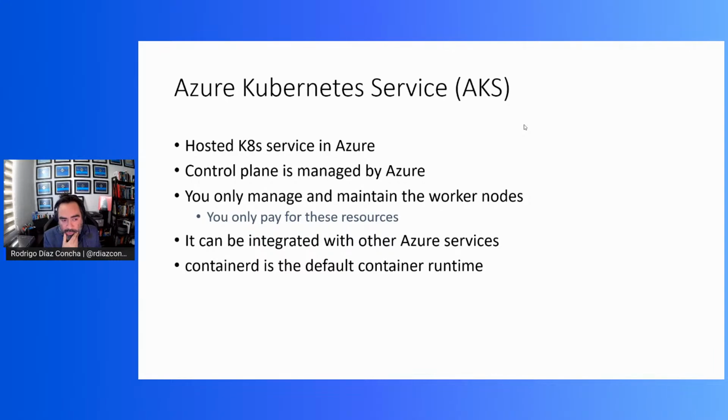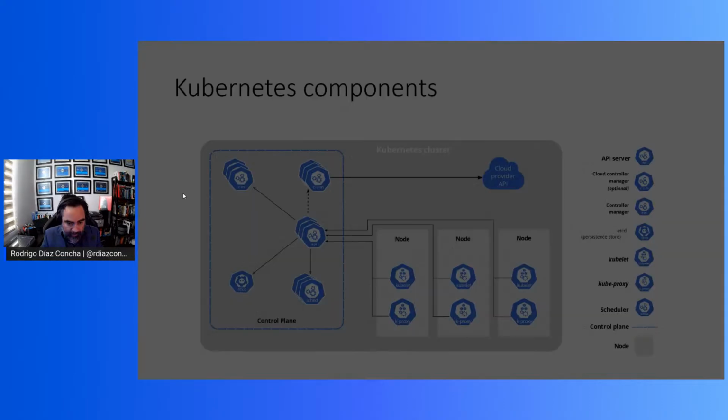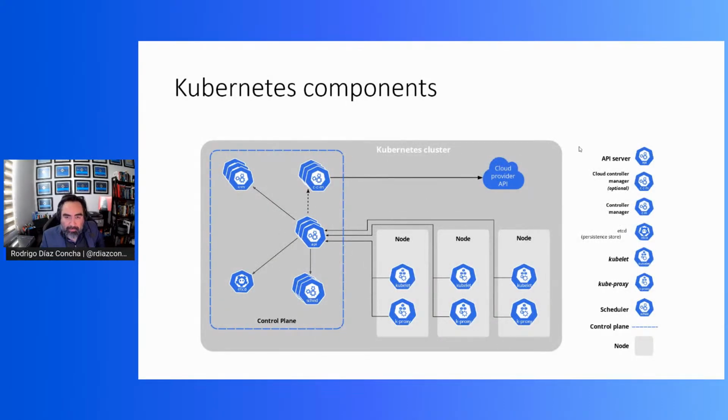So those cloud offerings have the control plane deployed for you and managed for you. Remember that I'm talking about the control plane: the API server, etcd key-value store, the controller managers, the scheduler, those kinds of things.